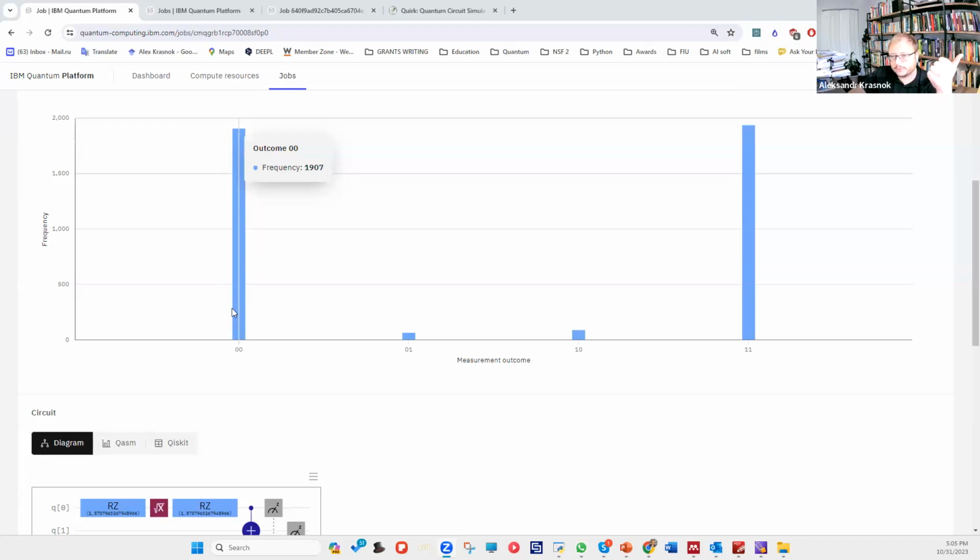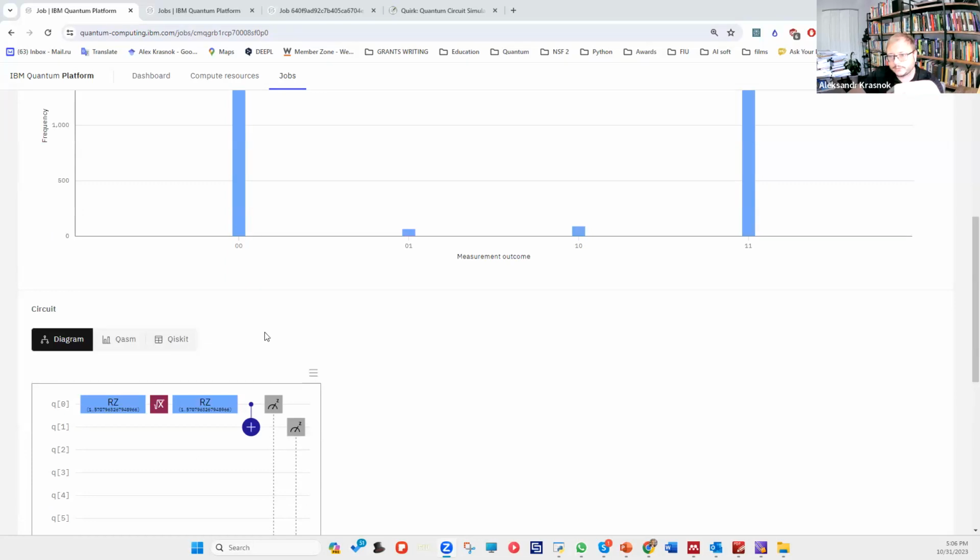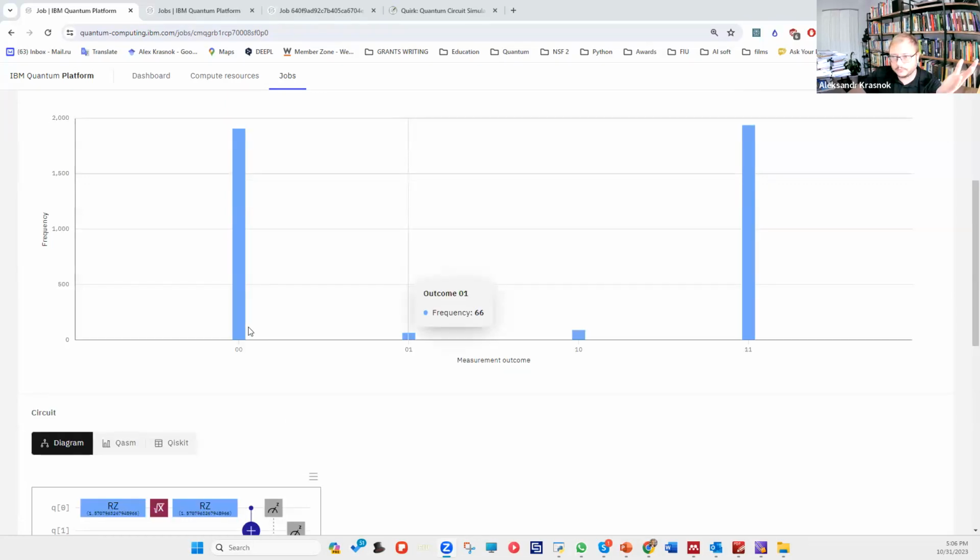Either the 0-0 state or the 1-1 state. So our Bell state, which we generate with this circuit, collapses either to 0-0 or 1-1, and nothing in between. So just two states in the classical perfect case.